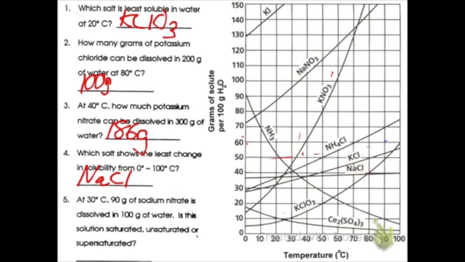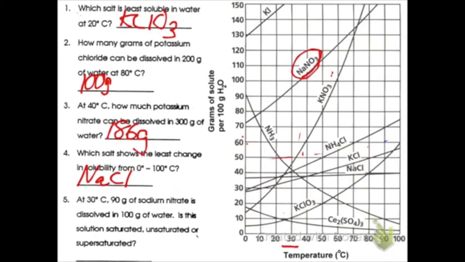All right, at 30 degrees Celsius. So there's our temperature, 30 degrees Celsius. 90 grams of sodium nitrate, which is that one, is dissolved in 100 grams of water. Is this solution saturated, unsaturated, or supersaturated? So I'm going to go ahead and go out on a limb.